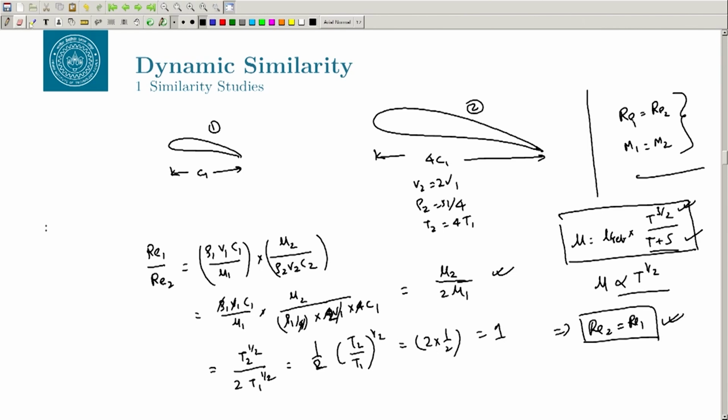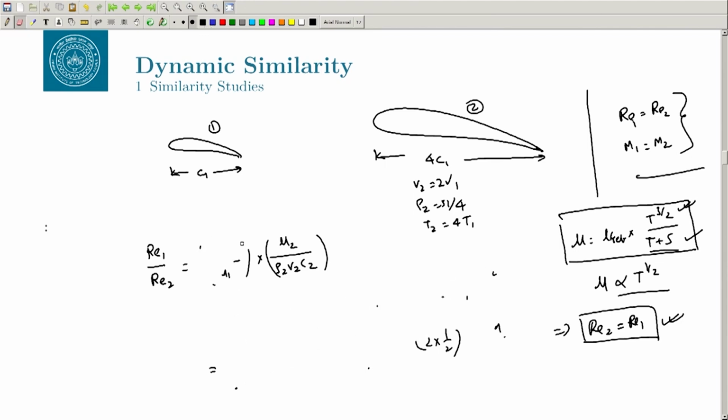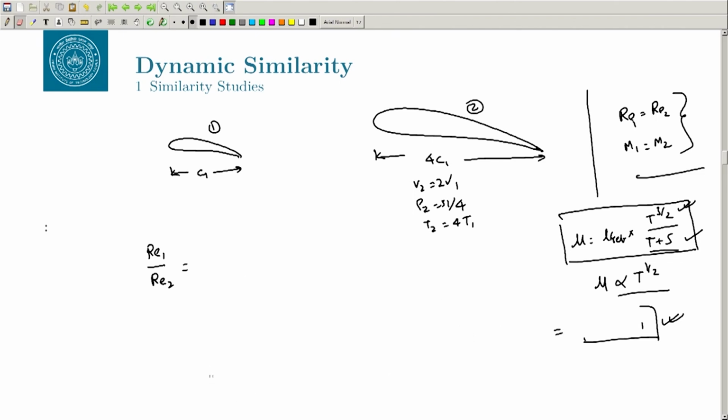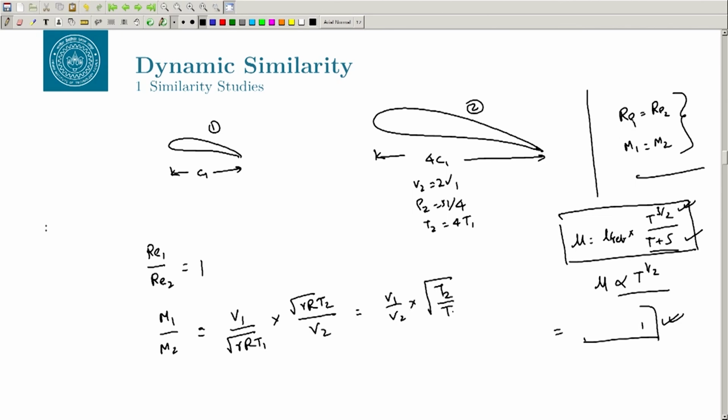Now, let us look at the Mach number. I will just do it quickly here. So, RE2 equal to RE1. Now, we want M1 by M2. M1 is basically V1 by square root of gamma R T1, and M2 is V2 by square root of gamma R T2. So, this is V1 by V2 into square root of T2 by T1.